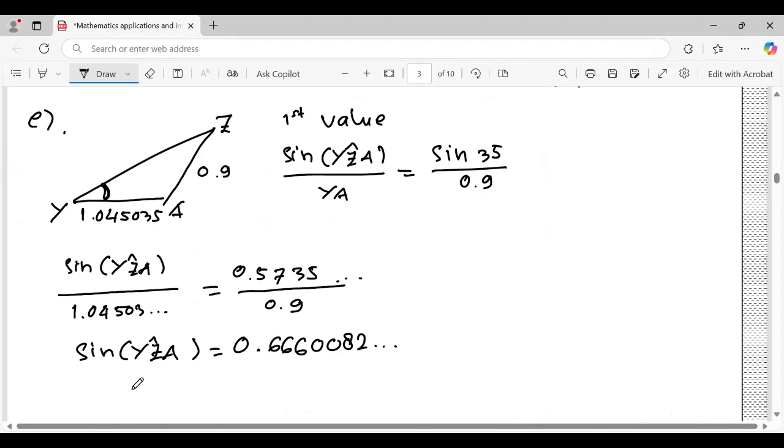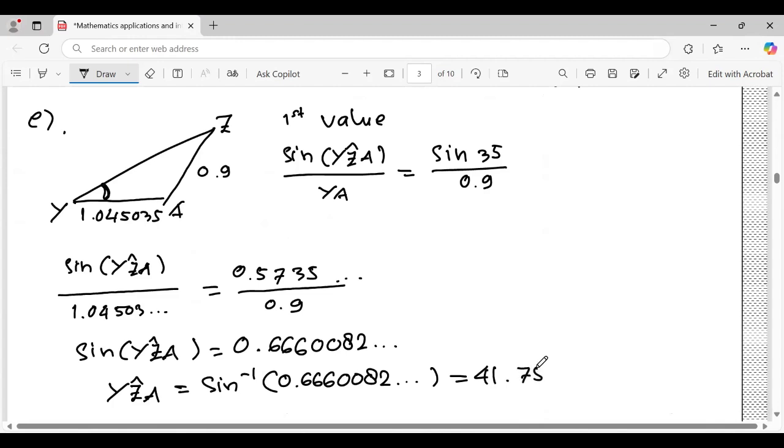And we're going to find angle YZA, which is arc sine or sine power minus 1 of 0.6660082, so on, and the result is 41.7597 degrees.